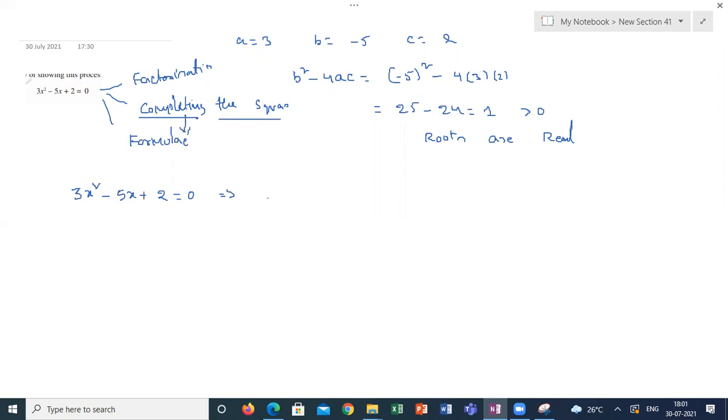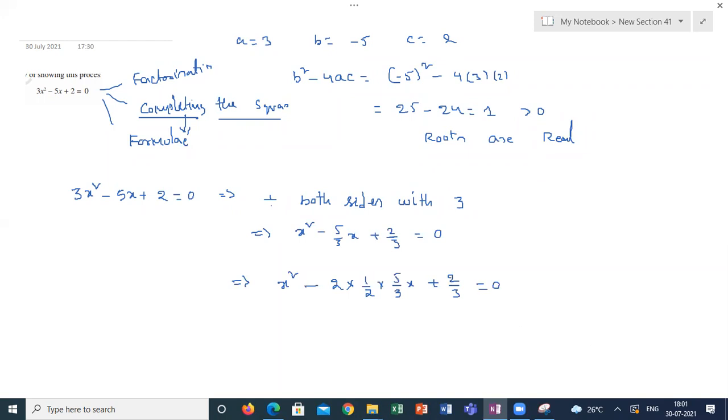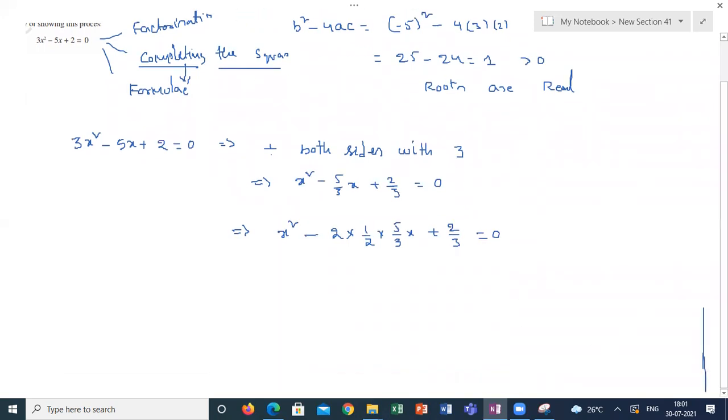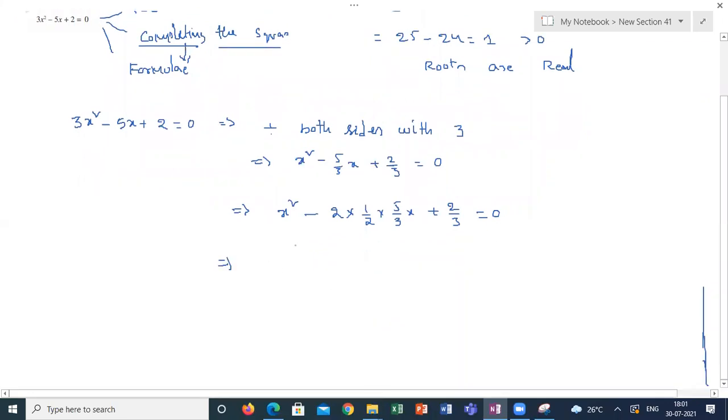So first step is what? Divide the whole equation by 3, correct? This will give x square minus 5 by 3 x plus 2 by 3 is equal to 0. Next, write the middle term as 2 into a into b, because your a is fixed here, a is x, to make a square minus 2ab plus b square.